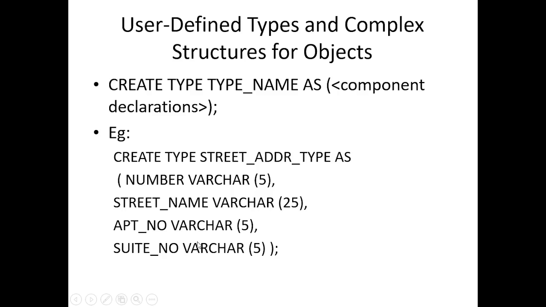So we have created one user defined type, and its name is street_addr_type. This is a complex structure, so it includes a street number, then street name, then apartment number, then suite number.